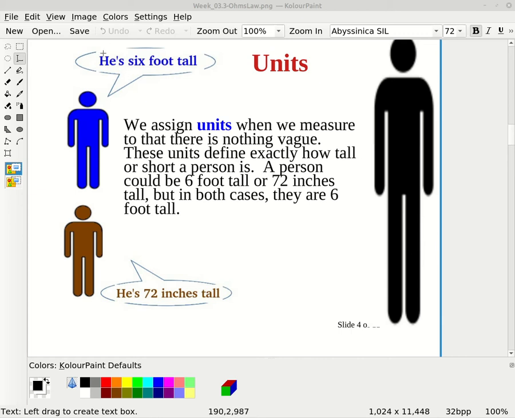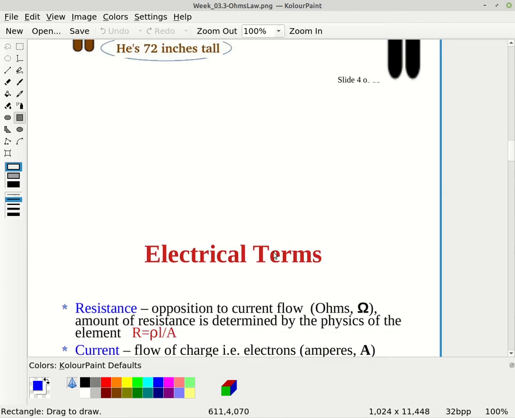We could use maybe feet. We could say that, hey, this person is actually 6 foot tall. Or we could use a different unit, say he's 72 inches tall. But either way, we're precisely quantifying how tall that person is.